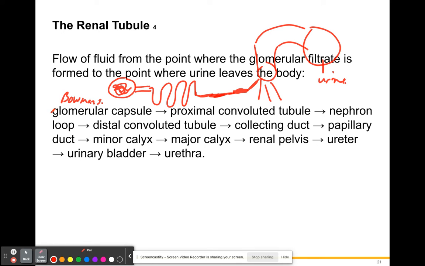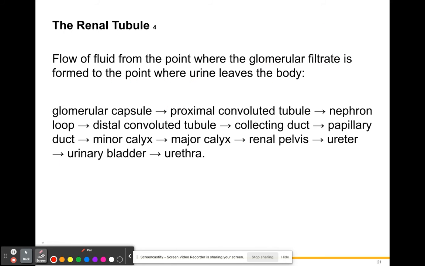Okay, that's basically the pathway of how urine is produced and then excreted from the body. This is a great question for a test. Just a heads up. The correct flow is a very good question that I could put on an exam.